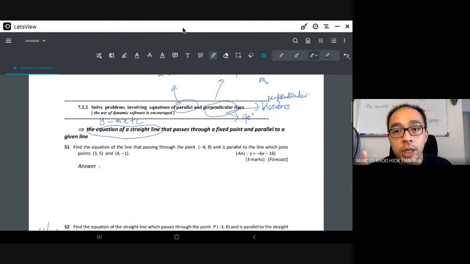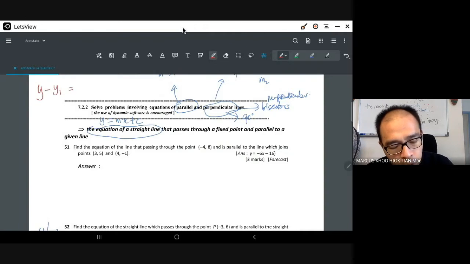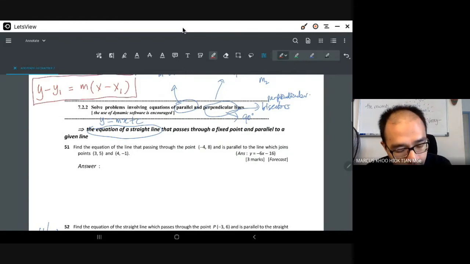In order to do that, copy this down, everybody. I want you to use this one, y minus y1 equals m(x minus x1). We use this formula to help us find the equation of the straight line.